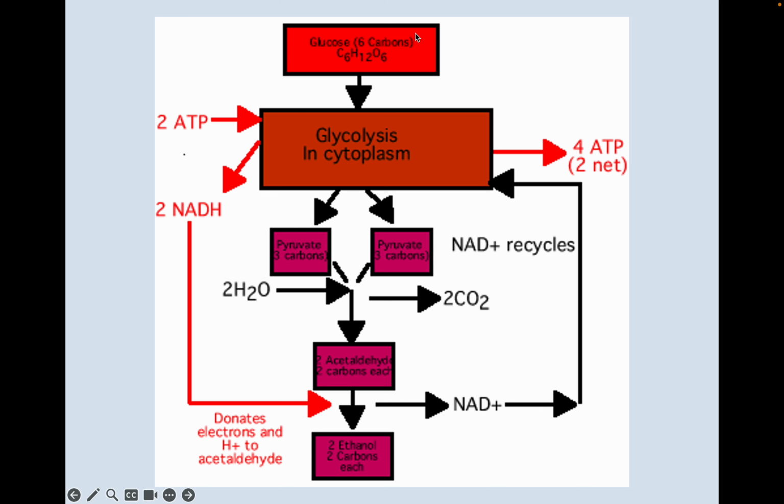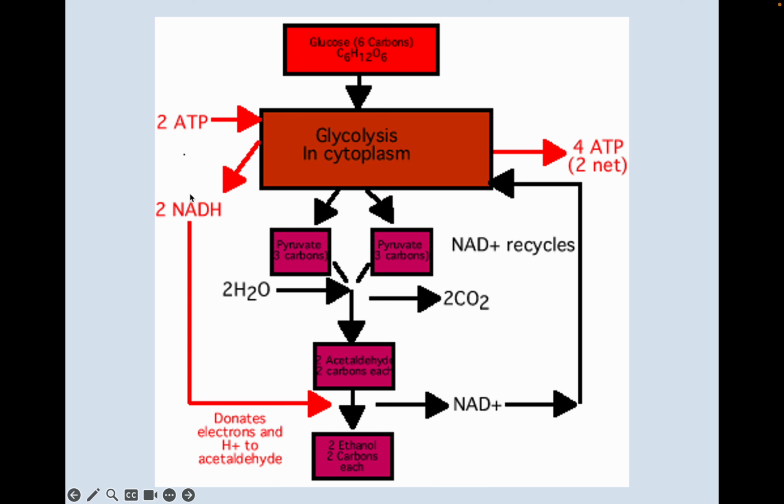So we've got glucose at the top of this model here. Glycolysis occurs in the cytoplasm of the cells. We've got our 2 3-carbon pyruvates here. There's water present. So NAD plus recycles. We have carbon dioxide gas that's generated. Acetaldehyde. So we break these 3 carbon molecules down. We make 2 carbon molecules.